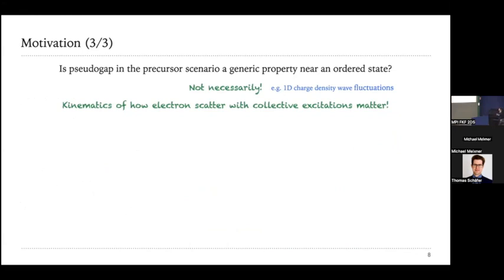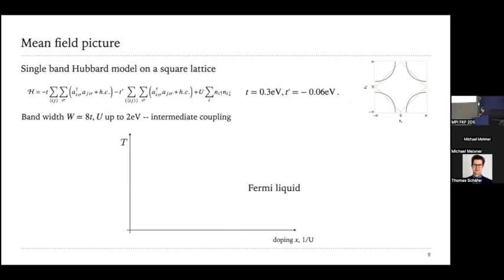For example, it has been known for quite a while that in the 1D charge density wave case, while there are fluctuations, they don't give rise to pseudogap behavior. And it turns out it depends on the delicate kinematics of how the electrons scatter with the collective excitations.